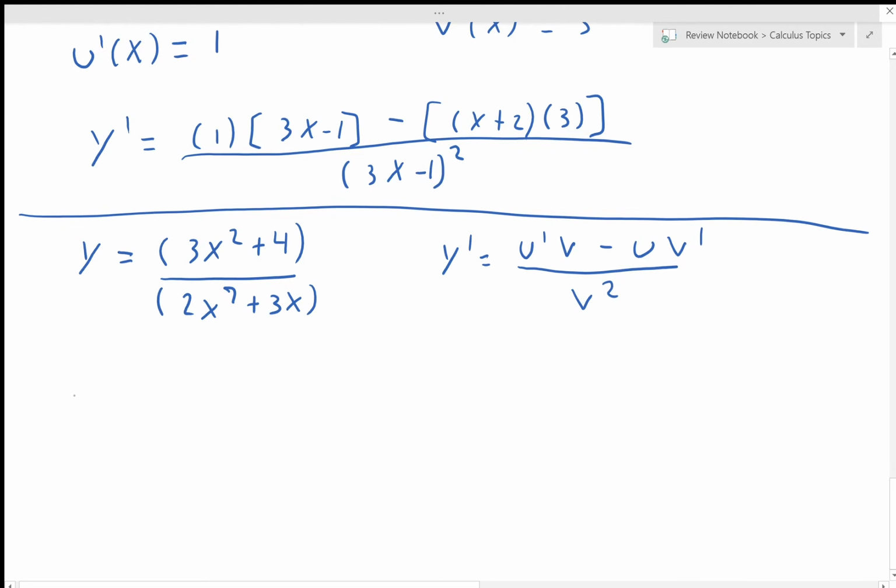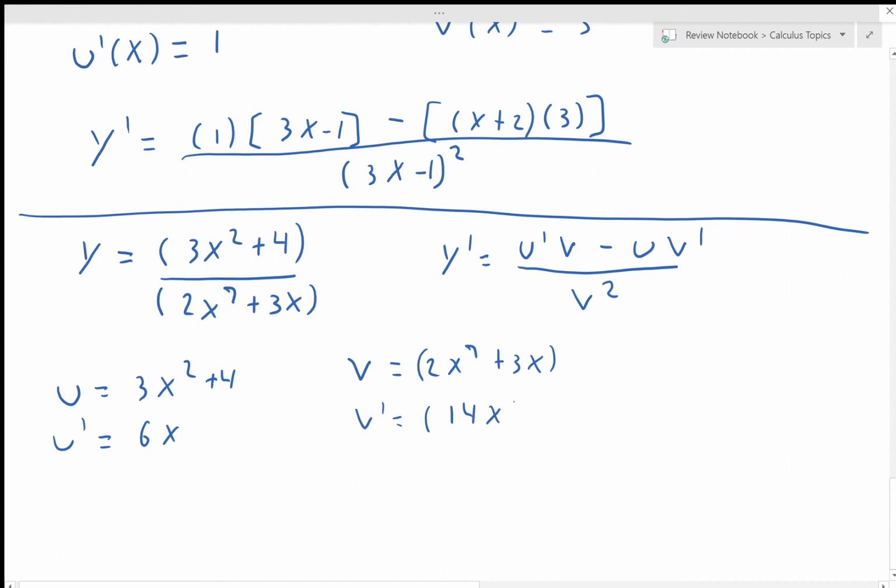So I need to define what u is. 3x squared plus 4. Derivative of that, 6x. Define what v is. 2x to the 7th plus 3x. V prime would be 14x to the 6th plus 3.